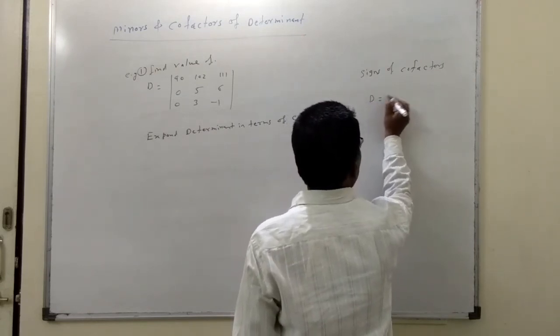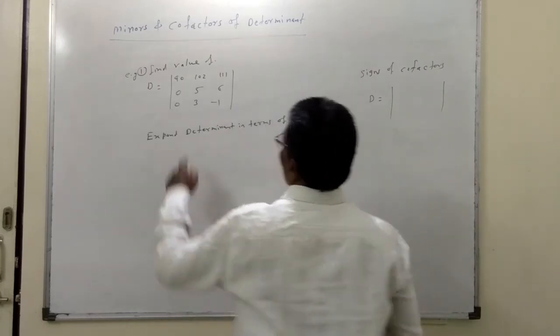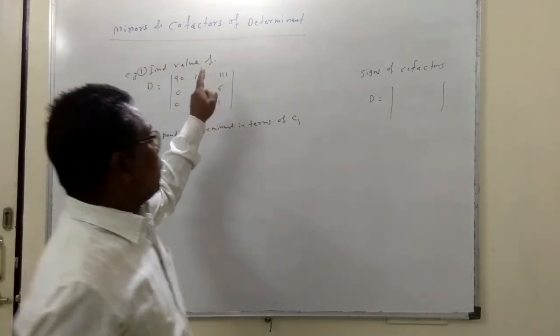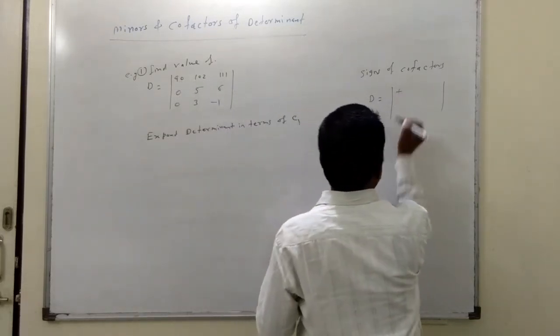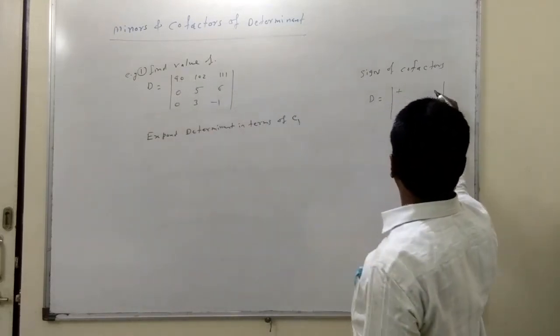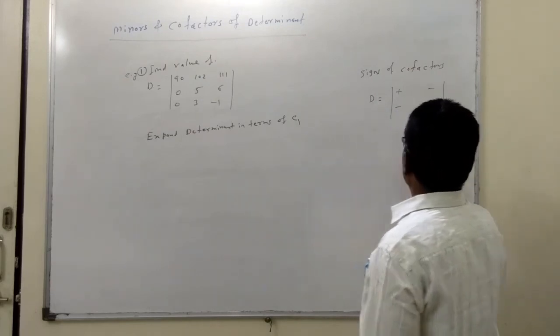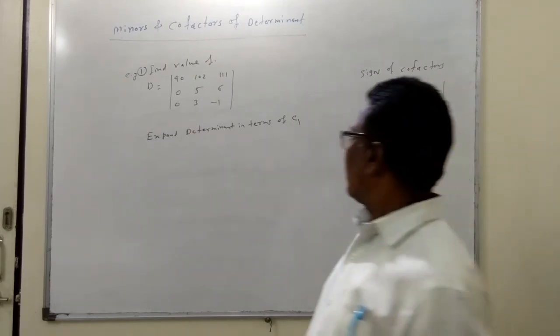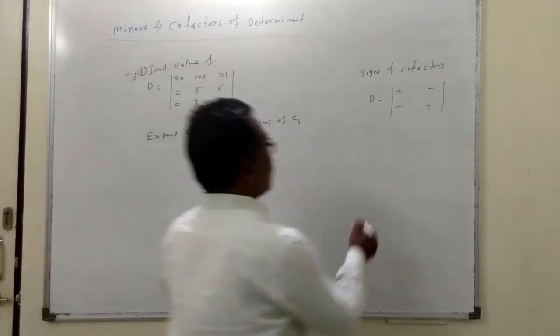If we consider the determinant of order 2, the first element is minus 1 raised to 1 plus 1, that is 2, so plus sign is coming. Minus 1 raised to 1 plus 2, so minus is coming. So for 2 by 2 determinants, the signs of the cofactors are plus, minus, minus, plus.